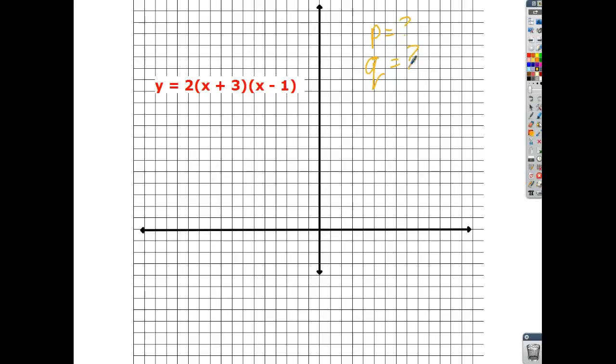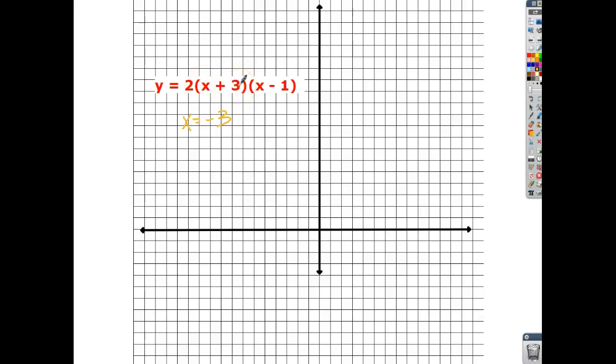Okay, so what I'm looking for here, remember, is P comma 0 and Q comma 0. All right, so you tell me what they are. Go. Hopefully you are able to decipher that if x is equal to -3, that's going to be one of the x-intercepts.